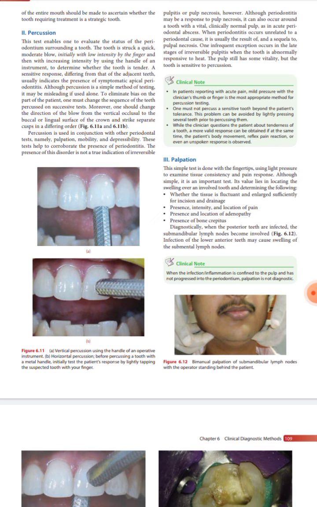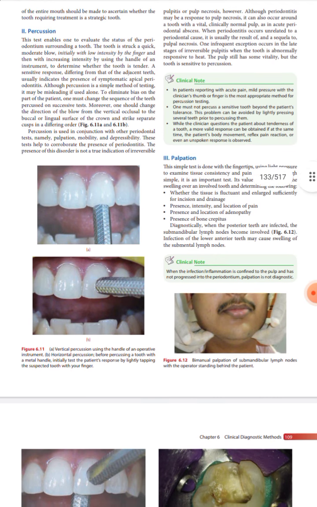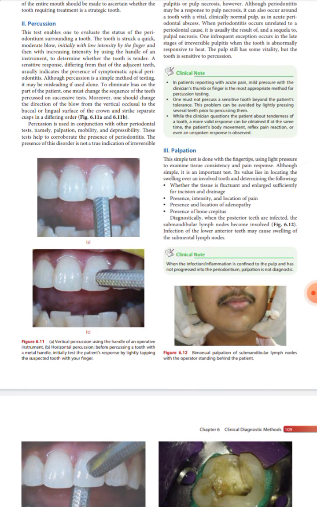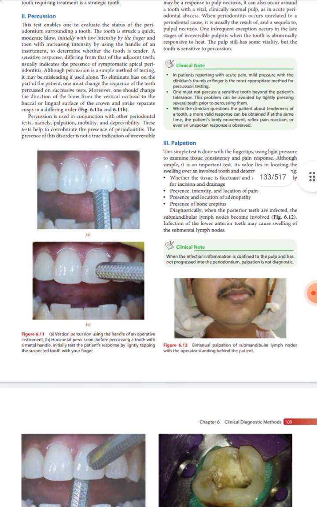A sensitive response differing from that of the adjacent tooth usually indicates the presence of symptomatic apical periodontitis.